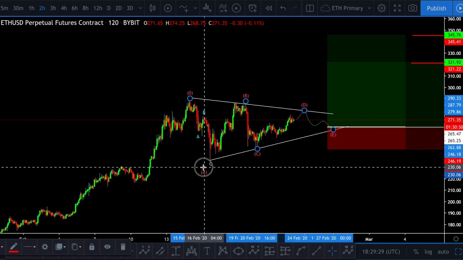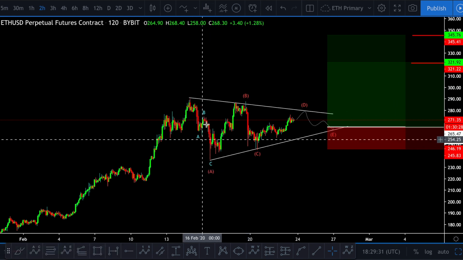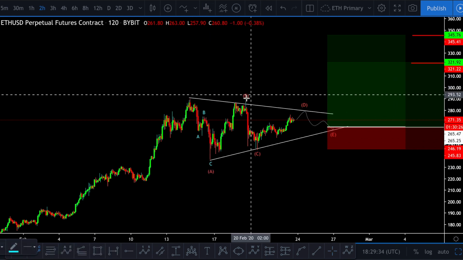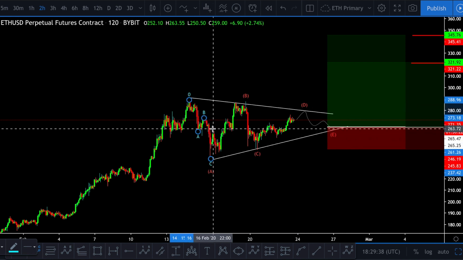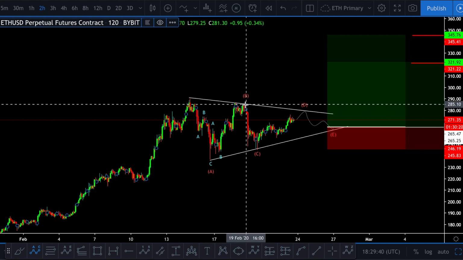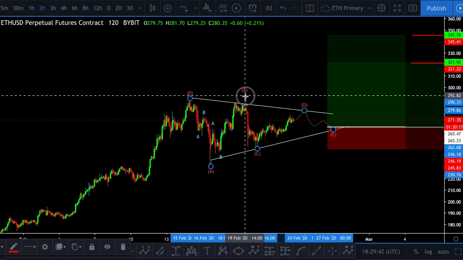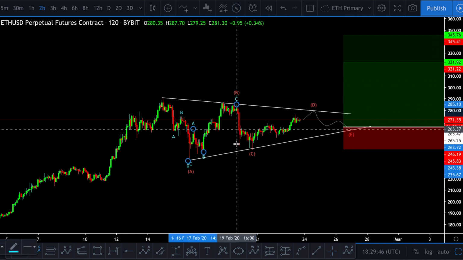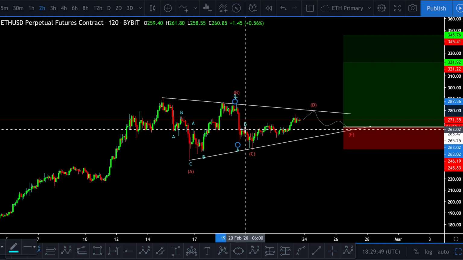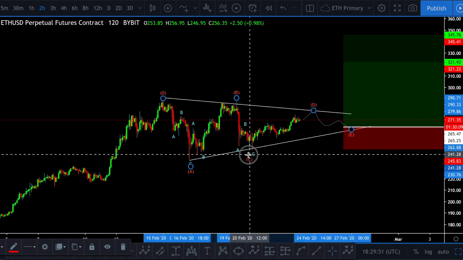So you should be able to count an ABC or three-wave-ish move on each one of these larger waves for the ABCDE. So we see an ABC possibly, another A, B, C that was pretty clear right there. So that creates the larger B wave. Then we have an ABC right here. A, B, C. Let's move that out of the way.